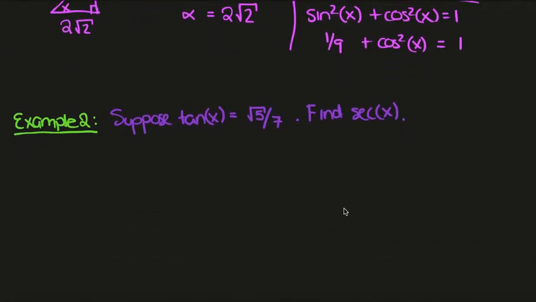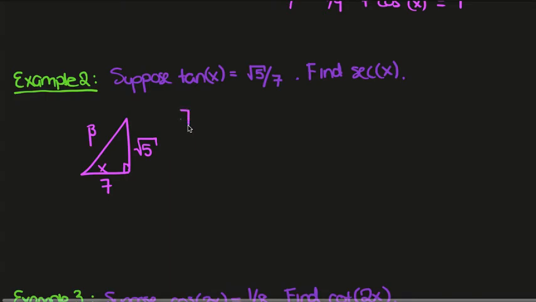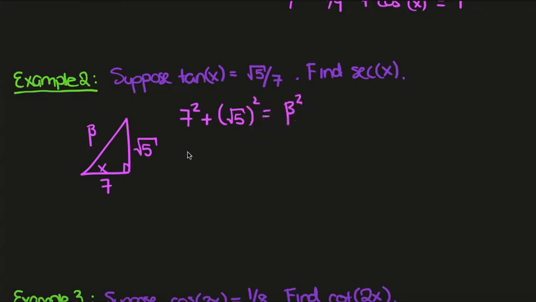Okay, so let's have a look at a similar example. Here we have tan x is equal to √5/7. So tan is opposite, so let's write x here. Tan is opposite over adjacent. Here we've got to find the hypotenuse. So let's write it out: 7 squared plus √5 squared is equal to beta squared.